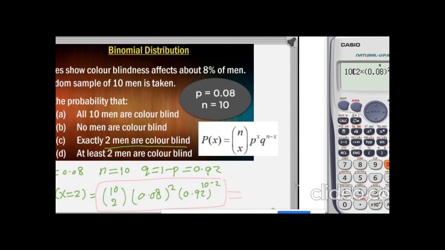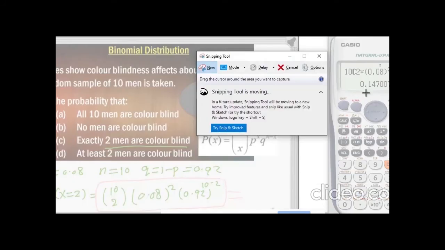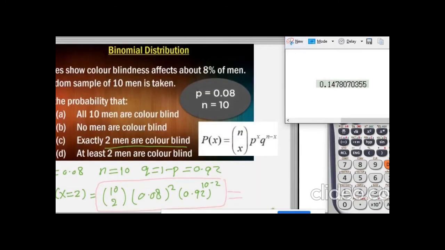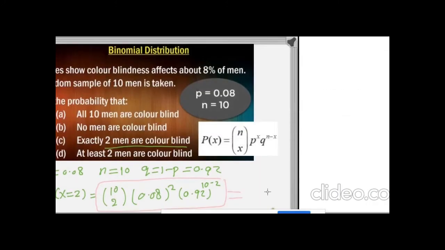Then the next one, 0.92, all to the power 10 minus 2. Now you can press equal. Then for this case, the answer will be this number. Then this is the result here.